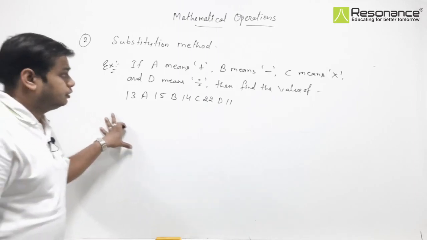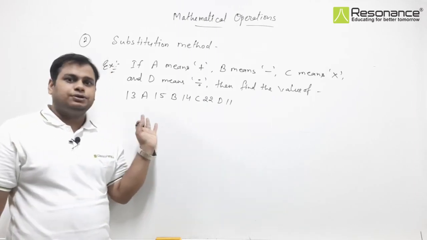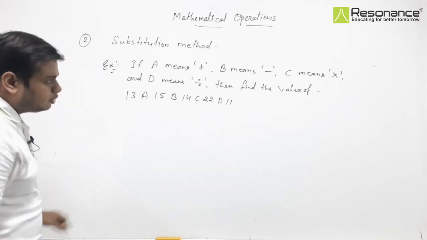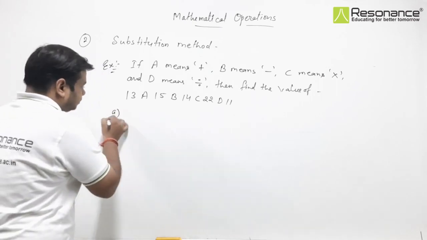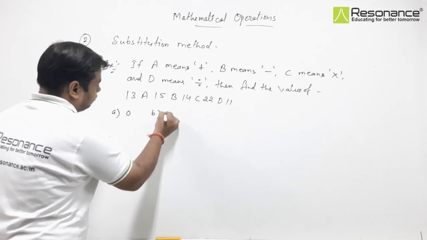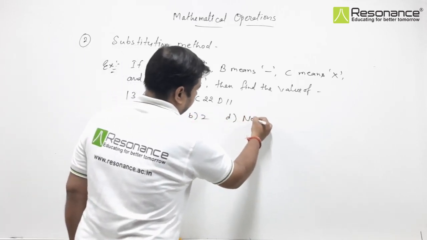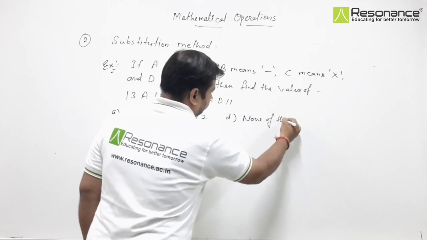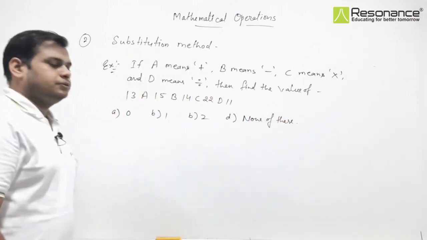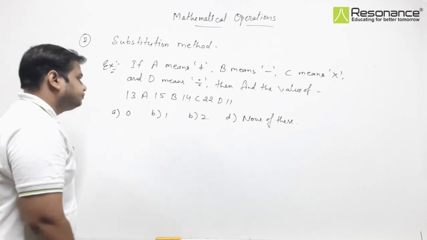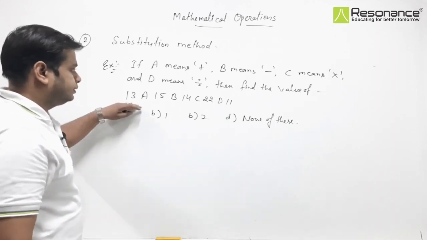We know that this is the topic of mental ability. So in each question we have some options: 0, 1, 2, none of these. So these are the options we have. We have to solve this equation.